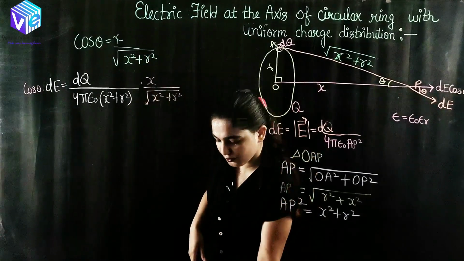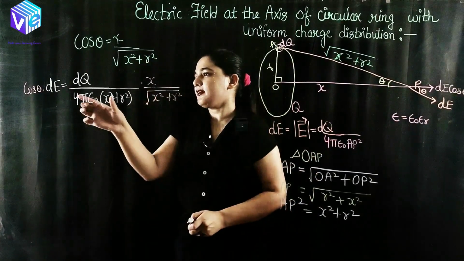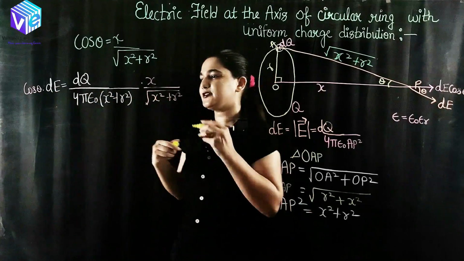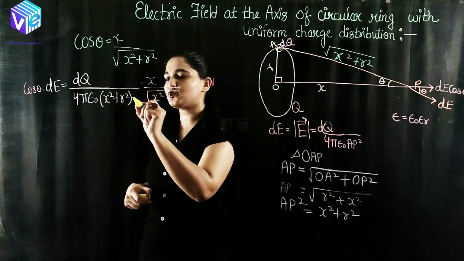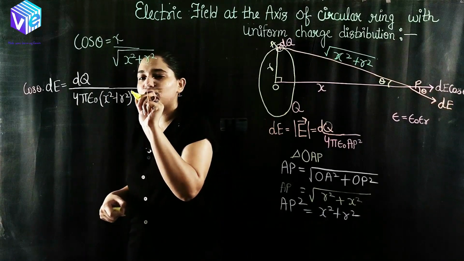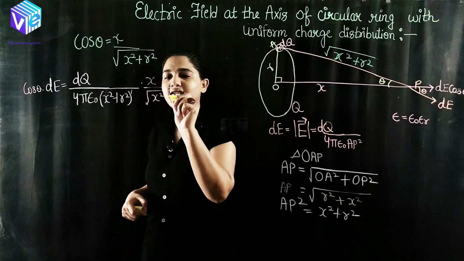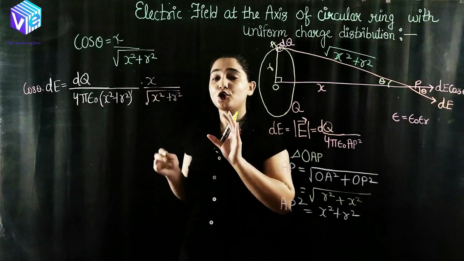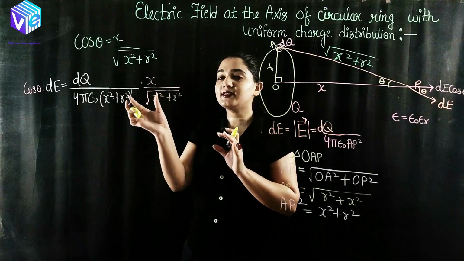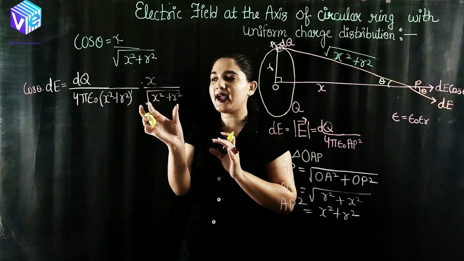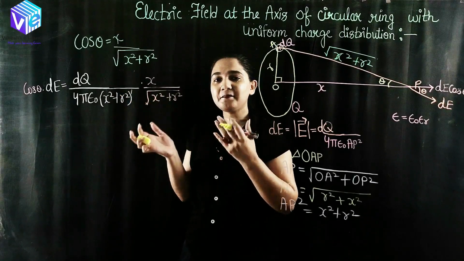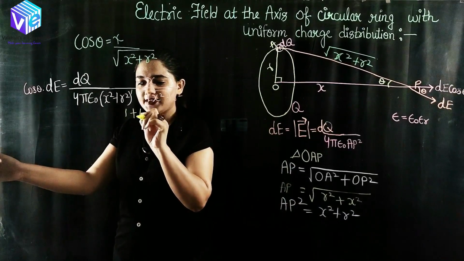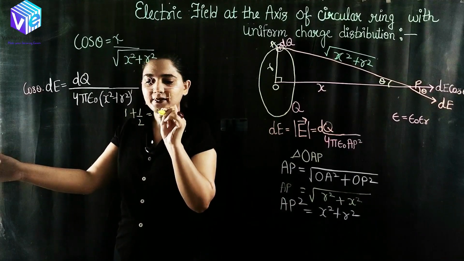Now we know what is my dE, I know what is my cos theta, I have multiplied. So here you can see we have x square plus r square raised to the power 1, and here we have same x square plus r square and its power is 1 by 2. When two numbers with same base are multiplied with different powers, then powers are added. So the resultant power will be 1 plus 1 by 2, it will be 3 by 2.